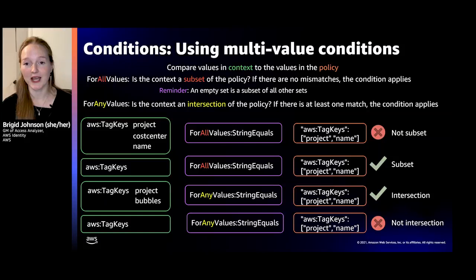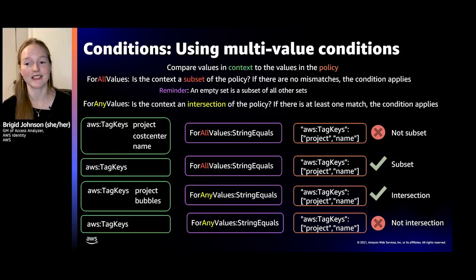So only when you have a multi-value condition key do you want to use ForAllValues or ForAnyValue. And here's the reason why. With ForAllValues, basically the operator says, is the context a subset of the policy? If there are no mismatches, then the condition applies. Now we have to remember that an empty set is a subset of all other sets.